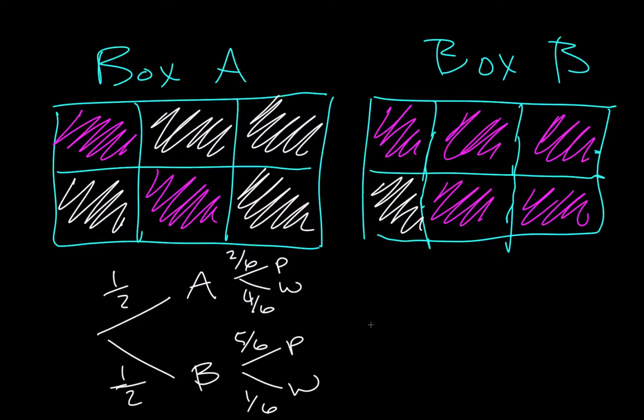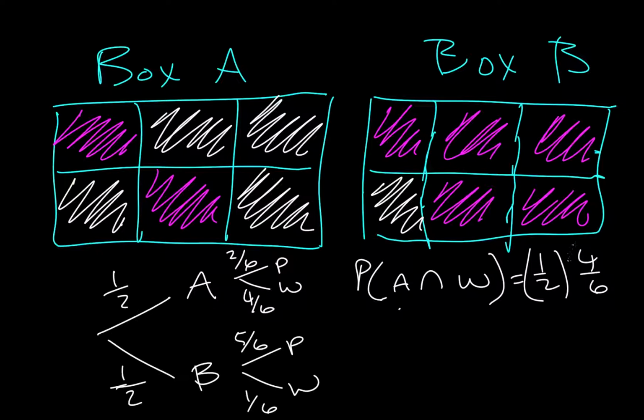We want the probability that we're A and white. So probability of A is 1/2, and white would be 4/6. It's 1/2 times 4/6, which gives 4/12, which is 1/3.